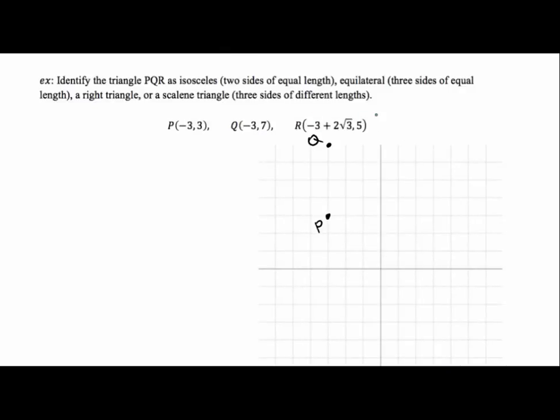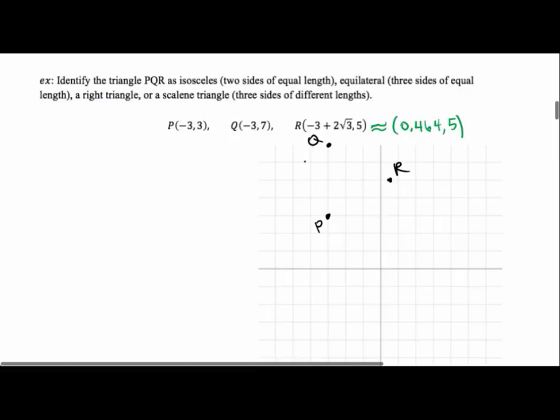That's approximately 0.464, comma 5. So I need that decimal approximation so I can graph it, right? Because otherwise I don't know where to put it. So it's close to a half, comma 1, 2, 3, 4, 5, right about in there. So that's R.